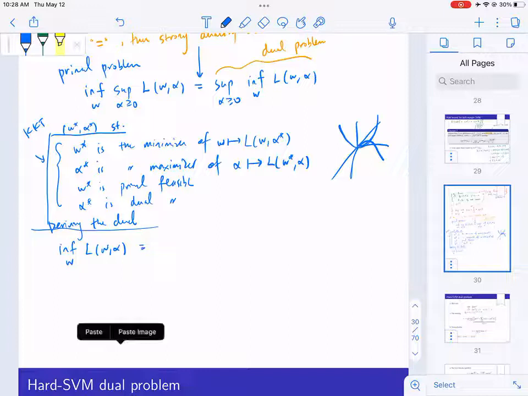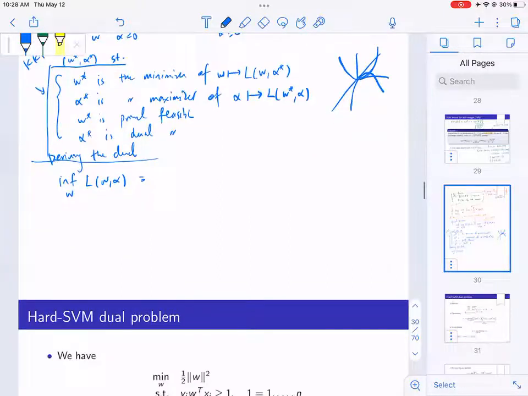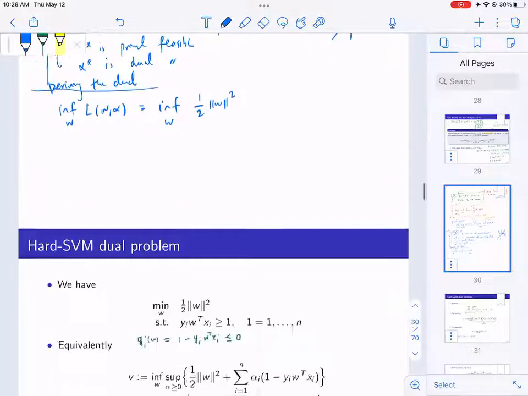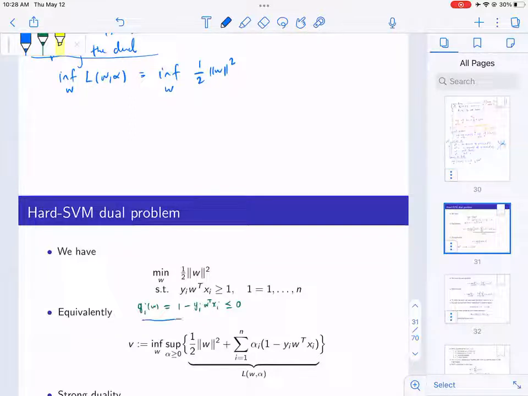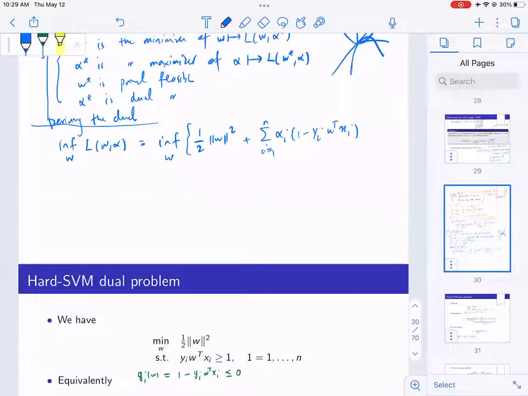In our case it is inf over w of this, plus, I have to rewrite these like that, alpha_i summed from 1 to n of (1 minus y_i w transpose x_i). So how do we minimize over w here?